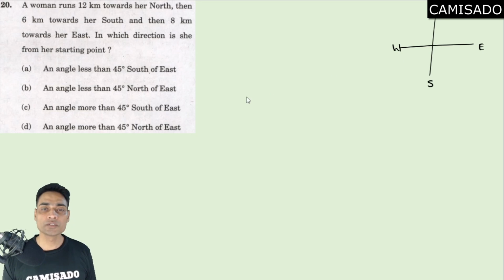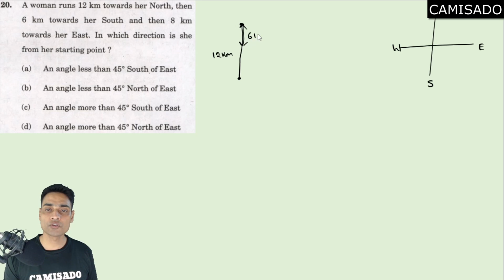So a woman runs 12 kilometers towards north. Then 6 kilometers towards the south. So from here she moves back 6 kilometers towards south. So the remaining distance from here to here is also 6. This is also 6.